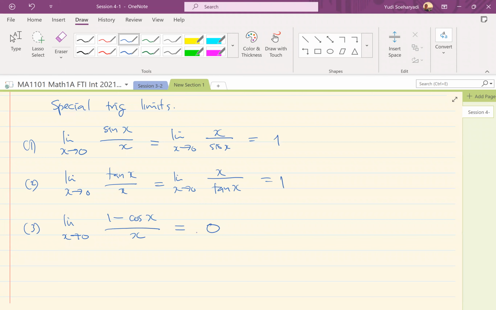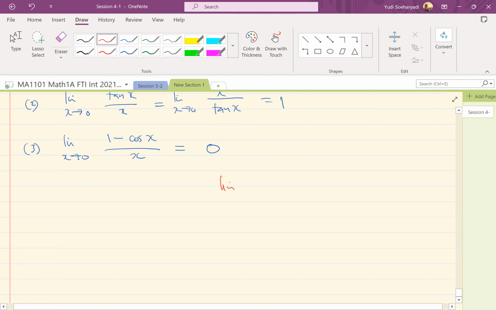But what does it mean? What I would like to read is this. If you write something like this, I would say x is small but not equal to 0. Just small.